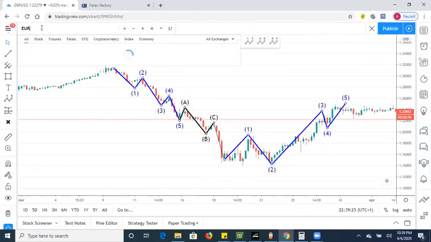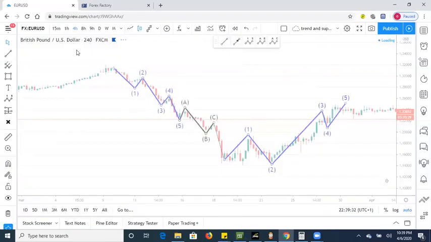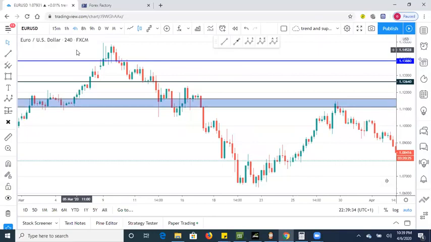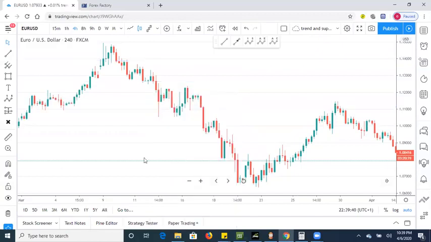Let's look at one of the most commonly traded pairs, EURUSD, and see if we could do something similar to EURUSD. Check out all drawings.